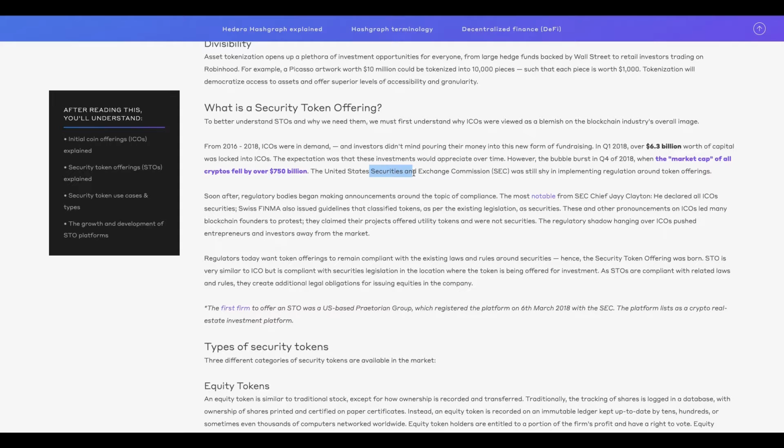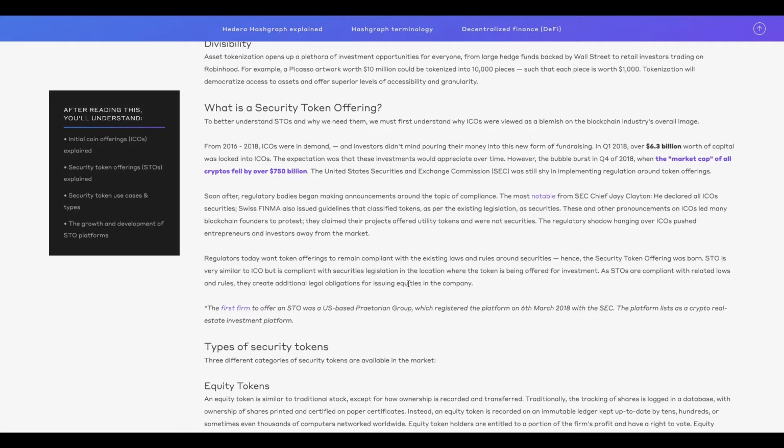SEC, there are concerns about implementing regulation and compliance and all of that. So that's where STOs come in. So STO, very similar to ICO, but it's compliant with securities legislation and location where the token is being offered for investment. STOs are compliant with related laws and rules. They create additional legal obligations for issuing equities in the company.